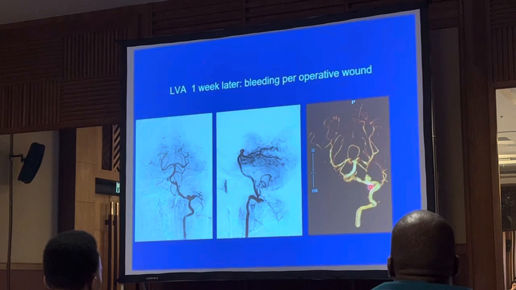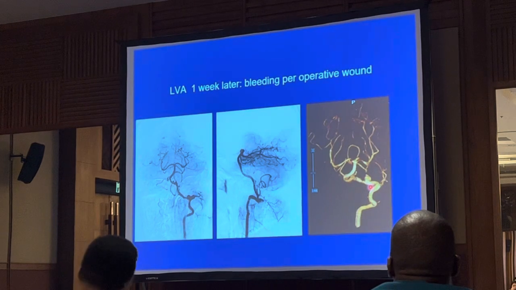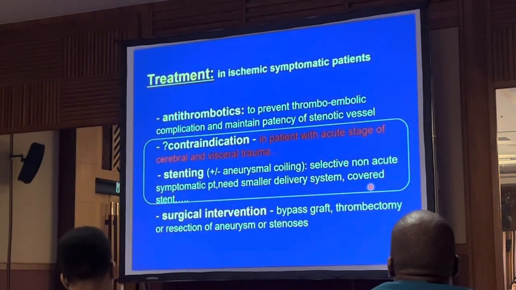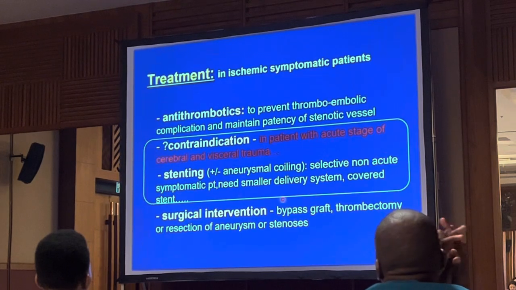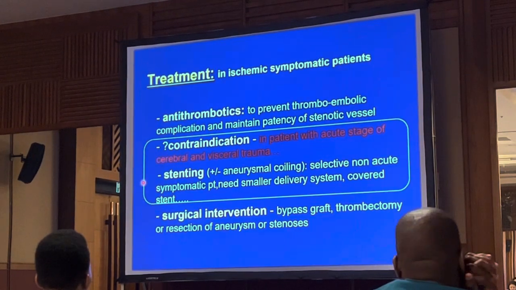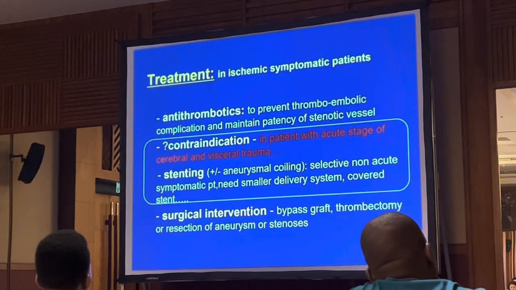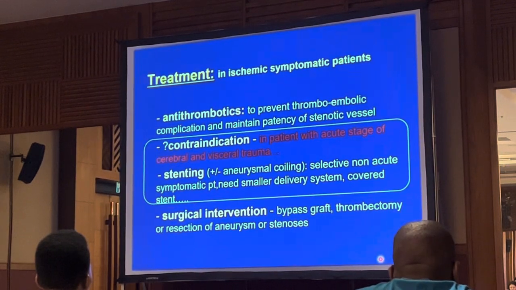This is the thing that the dissection can be seen, and it needs to be treated by that time. So usually medication to prevent the thromboembolic can be discussed, and the treatment, I'm not much into acute stenting in a traumatic dissection, because we know that multi-trauma are very common in the region.